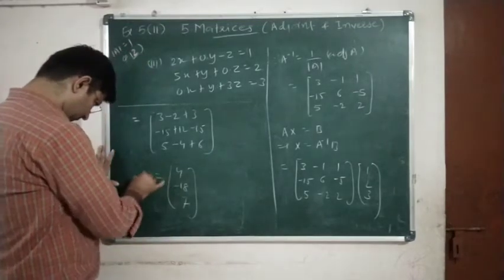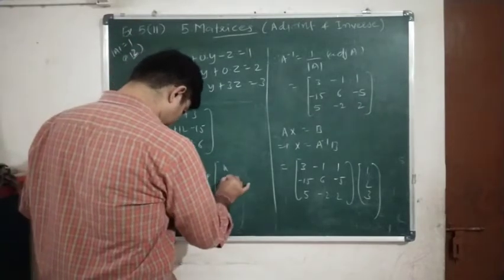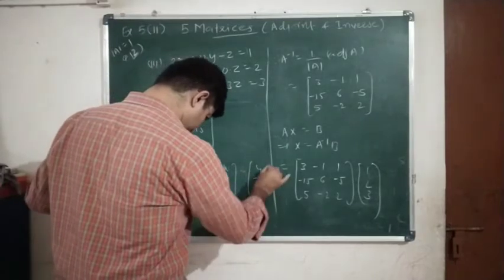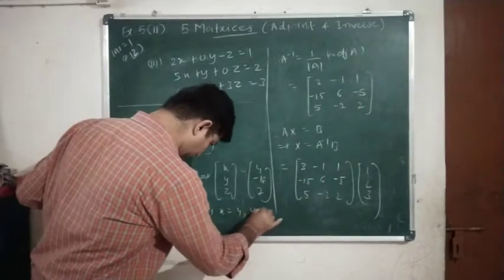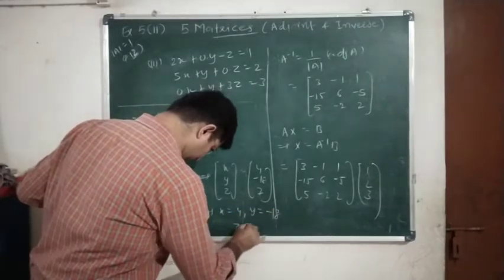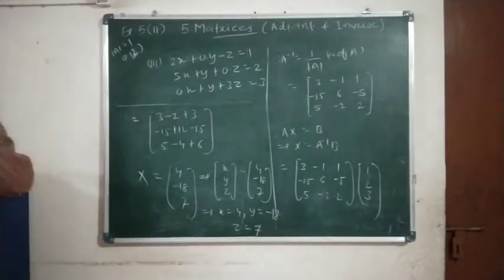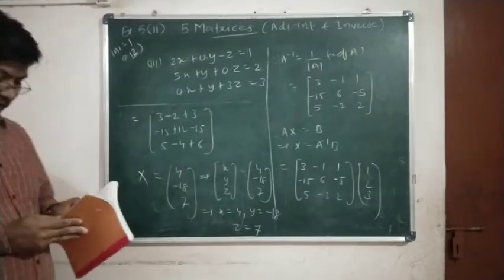So we got X, Y, Z equals 4, minus 18, 7, which implies X is equal to 4, Y is equal to minus 18 and Z is equal to 7. So this is the answer for question number 3 of question 12.